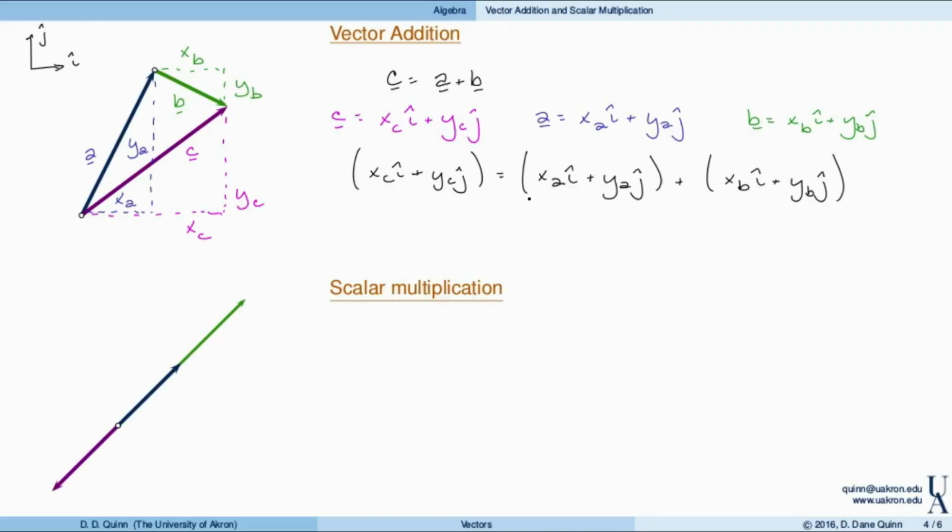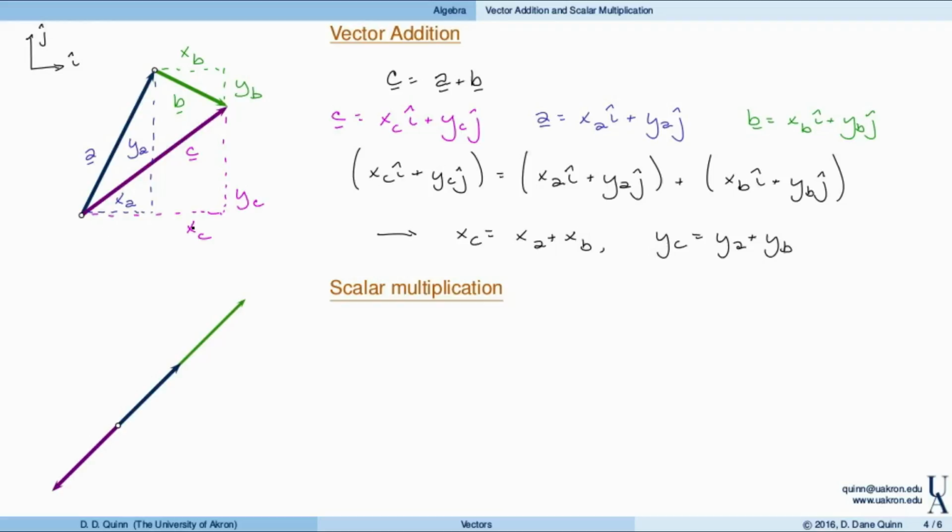As a result, we can again compare the left and the right hand sides and show that xc is xa plus xb, while yc, the component of c in the j direction, is ya plus yb.